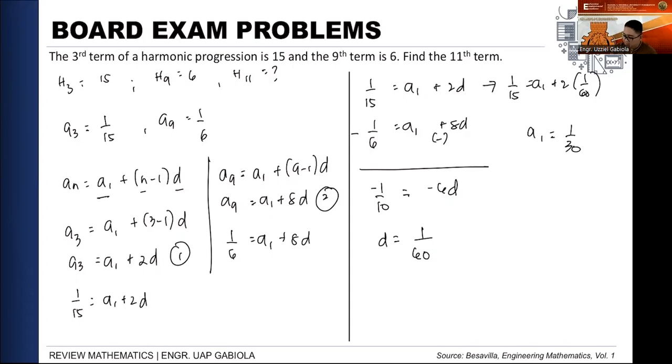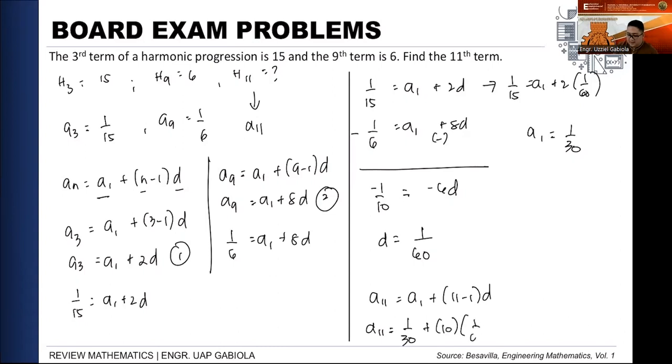Kailangan natin si H11, no? So, si H11 ang equivalent niya ay si A11, no? A11 is equals to A1 plus (11 minus 1)d. Ang A11 natin is 1/30 plus 10 times yung difference natin na 1/60.